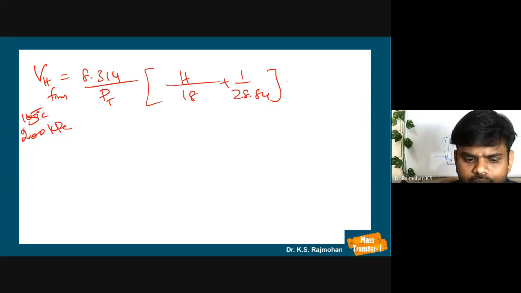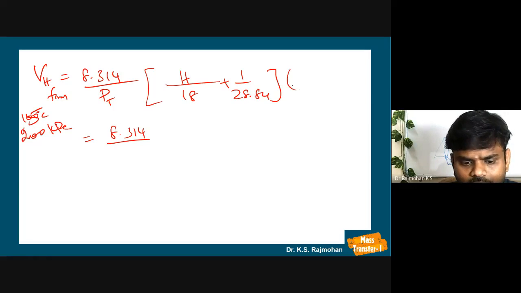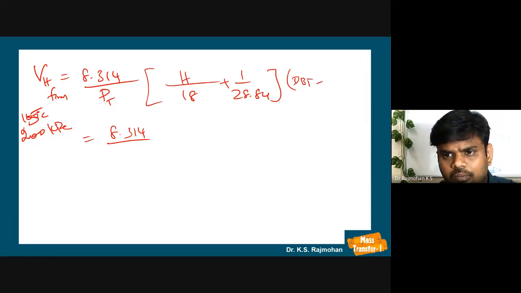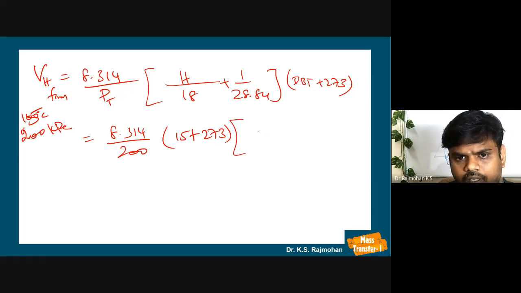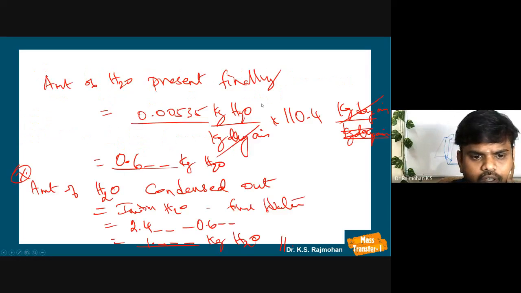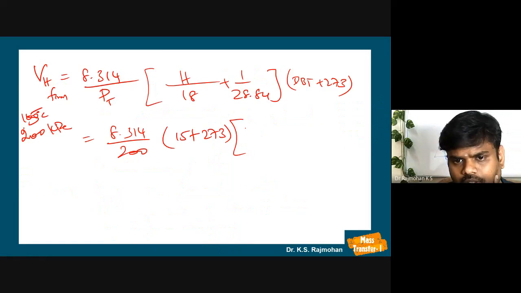We have the absolute humidity, whatever value we calculated, by 18 plus 1 by 28.84. Substituting, we get 8.314. The dry bulb temperature final plus 273, so 8.314 divided by 200 kilopascal, into dry bulb temperature final 15 plus 273, into the final humidity 0.00535.